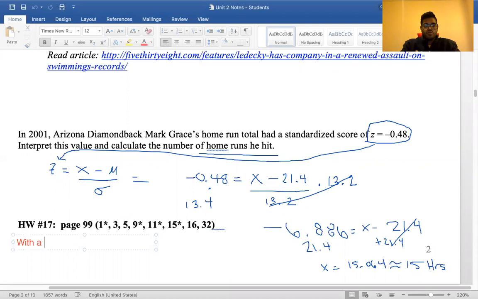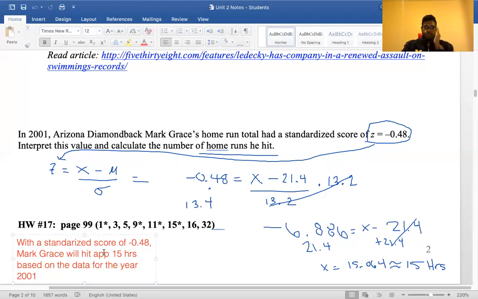We can say with a standardized score of negative 0.48, Mark Grace will hit approximately 15 home runs based on the data for the year 2001. Okay. I guess it's past tense, so he hit approximately 15 home runs based on the data from 2001.